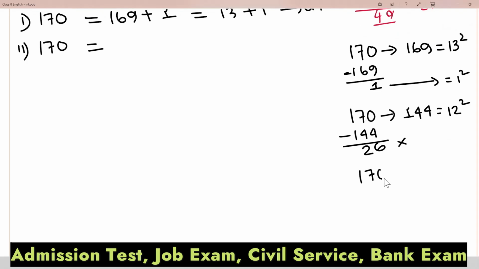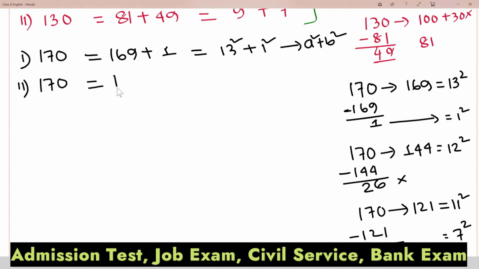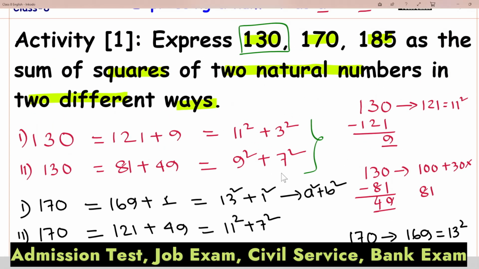The third perfect square is 121, which is 11 square. So 170 minus 121 is 49. 49 is a perfect square, which is 7 square. Therefore we can write 121 plus 49, which means 11 square plus 7 square. Okay, done. So 170 is done.